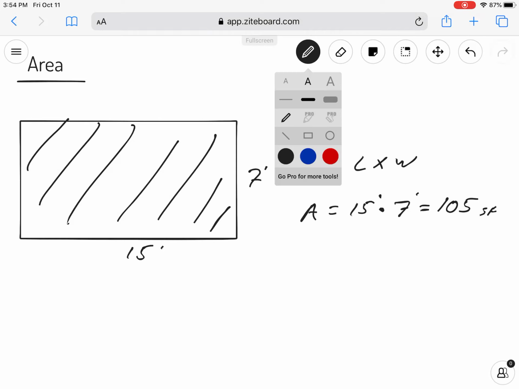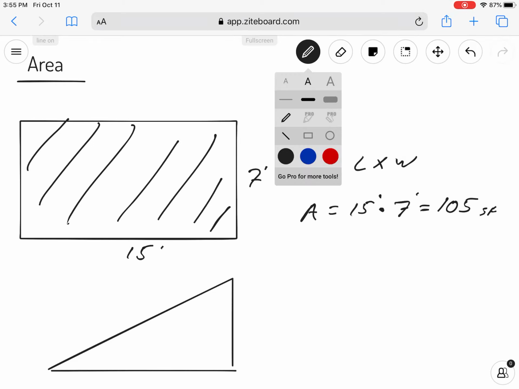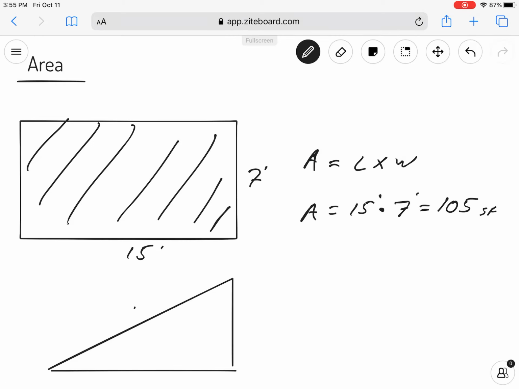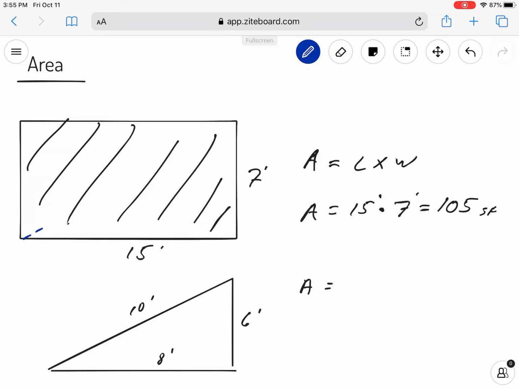And the area of a triangle, and I believe we said it was 10 feet here and 6 feet here and 8 feet there. The area of a triangle, since it's half of a rectangle, right? If I took this rectangle here and divided it in two from corner to corner, that's half of my rectangle, but it's a triangle.